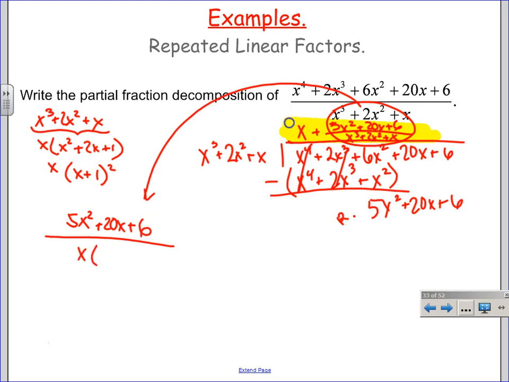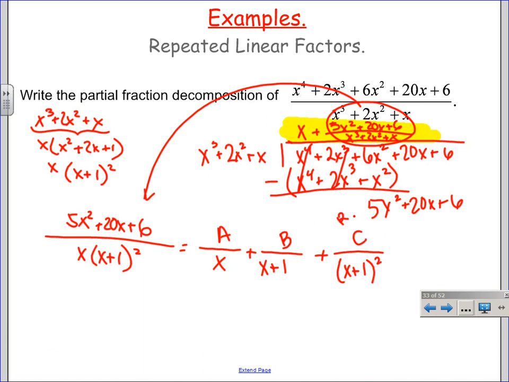Okay, hold on. Did you guys remember from the beginning of homework? Wait, pause. What would my partials be? An A, a B, and a C. Why not a Cx plus D? Because look, he's a little baby linear dude.